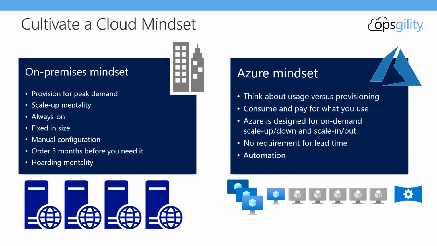Everything's always on. It's fixed in size. We're configuring everything very manually in a lot of cases. We need to order equipment months before we need it. And we're really hoarding resources, right? We're running that infrastructure to its untimely end.